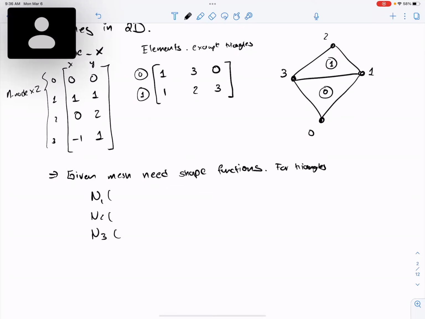One thing we have to be careful with, similar to the 1D case, is that the shape functions can be in terms of xy directly, which is the initial approach.